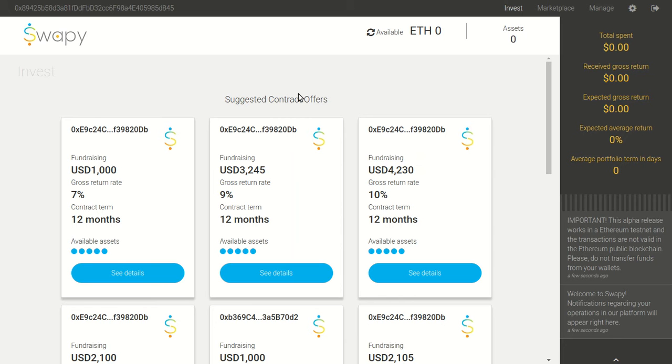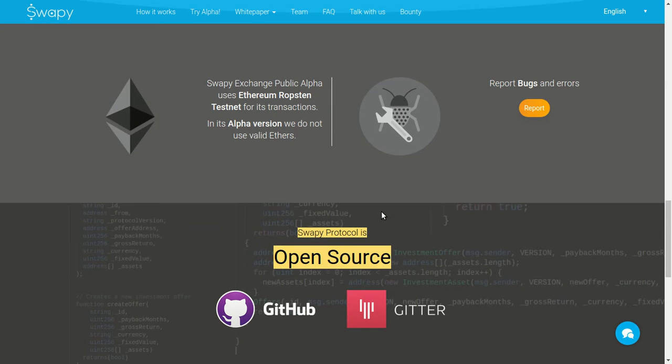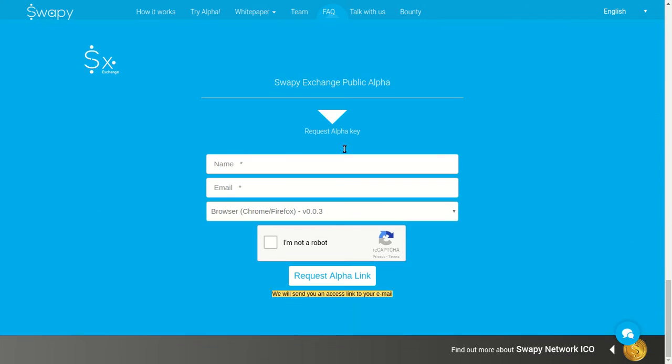One side raises money and one side invests. You can test it for yourself, filling these details.